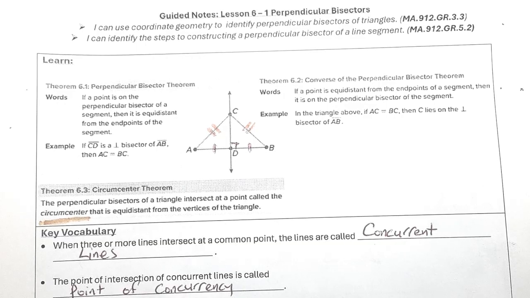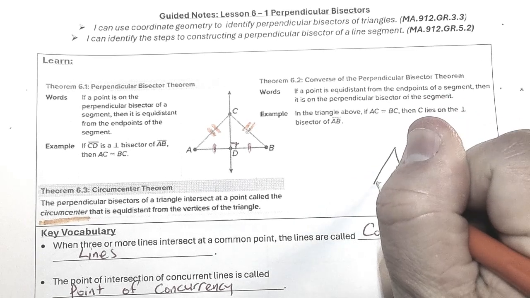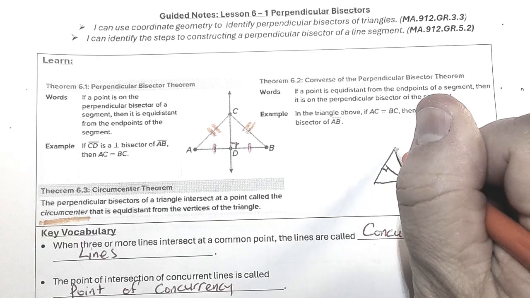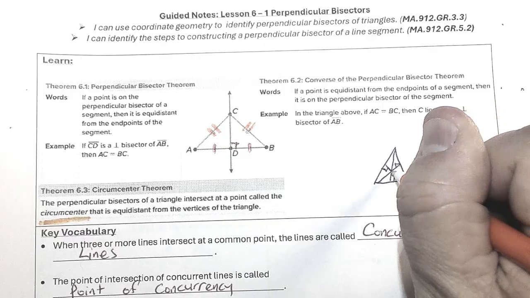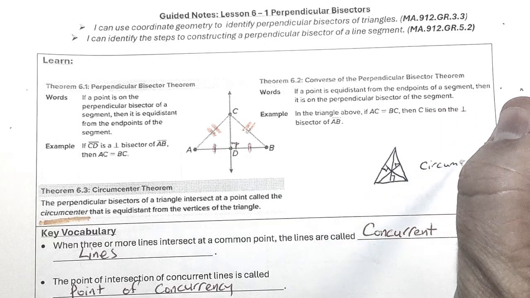All right, so we're going to talk about concurrence, circumcenter below a little bit more, but right here, let me just draw you a little something. So we've got a triangle here. So perpendicular bisector here, perpendicular bisector here, perpendicular bisector here, and that point in the middle is the circumcenter.